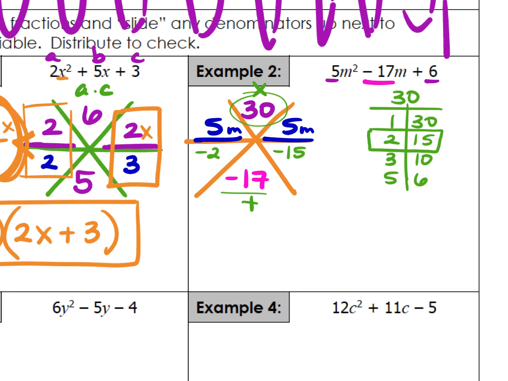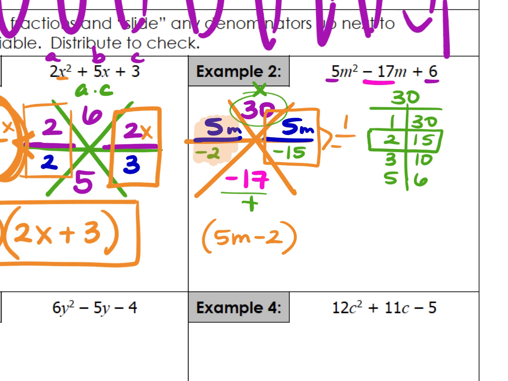Now, does this reduce? Okay, so if it doesn't reduce, you leave it alone. We write that as 5m minus 2. Does this reduce? Yes, to what? 1 over negative 3.